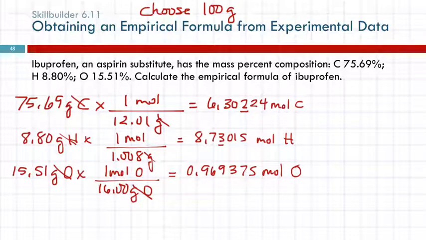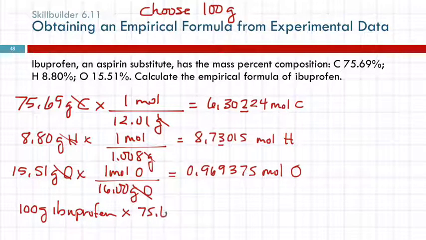Yes? And last thing, why don't you write 100 grams in the denominator? Okay, so what I'm doing is saying I have a 100-gram sample, so I have 100 grams of ibuprofen times 75.69 grams of carbon per 100 grams of ibuprofen.